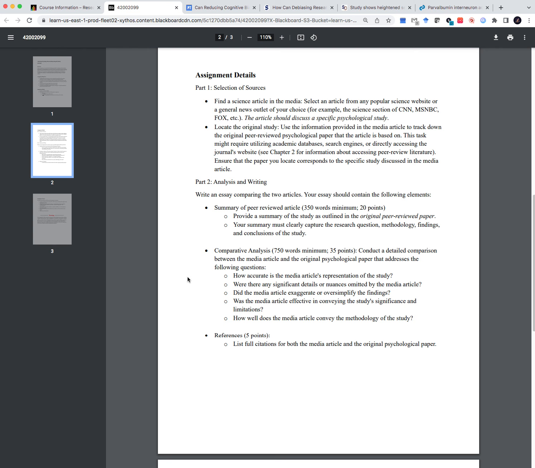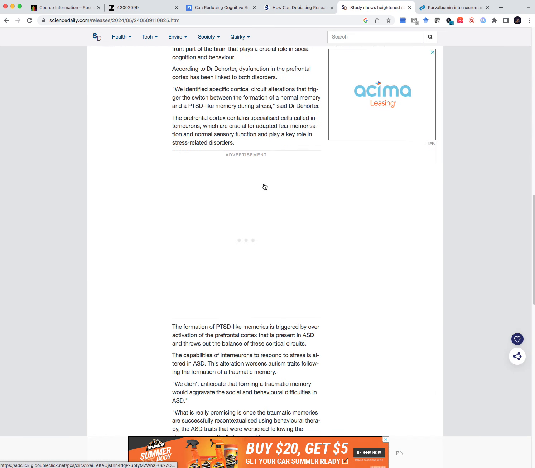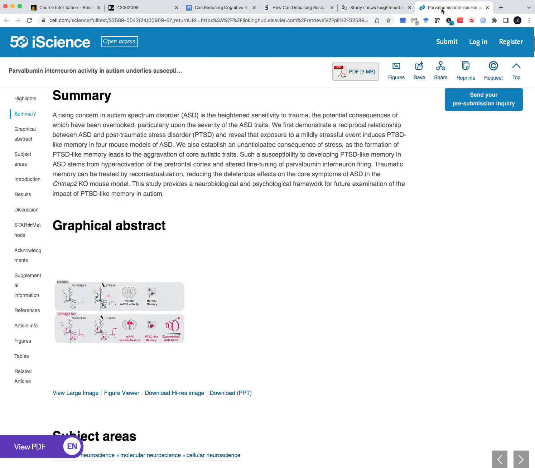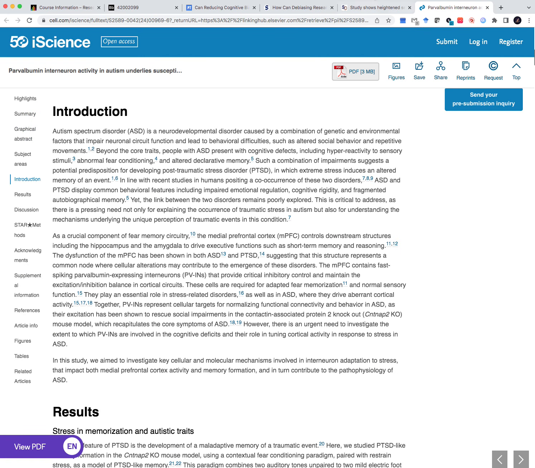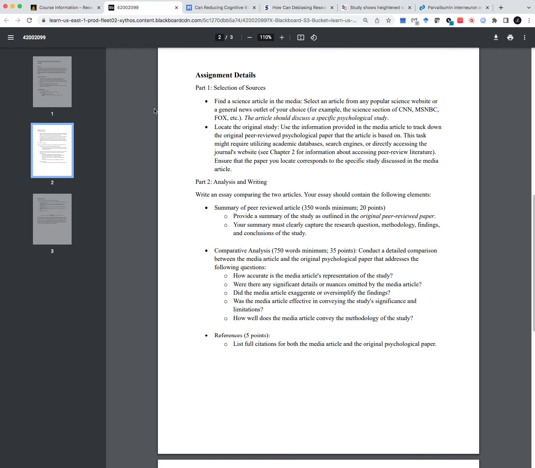Next, were there any significant details or nuances omitted by the media article? And almost certainly the answer is going to be yes. I mean, this is much shorter than the original. So you can talk about what was left out. Okay, what is missing in the media article?